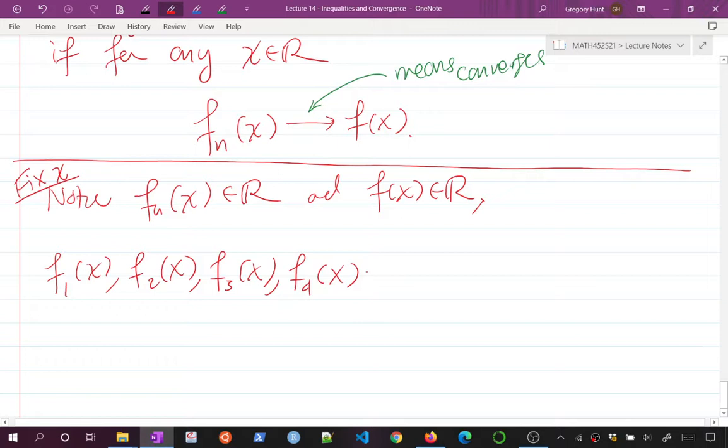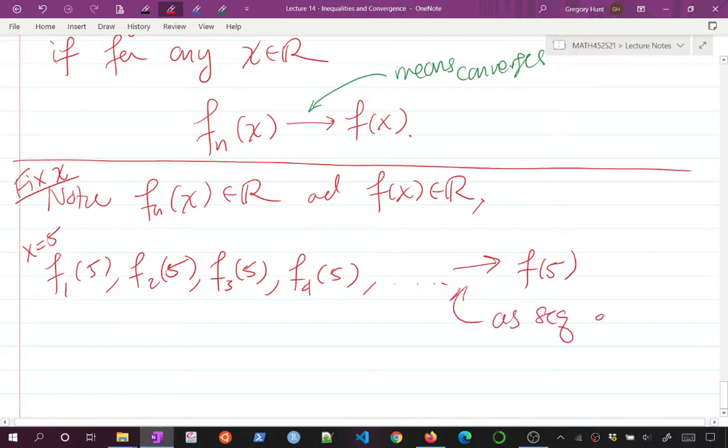Let's say x is 5. Let's just pick a number. So you've got f1 of 5, f2 of 5, f3 of 5, f4 of 5. And if this converges to f of 5, this converges as a sequence of numbers.